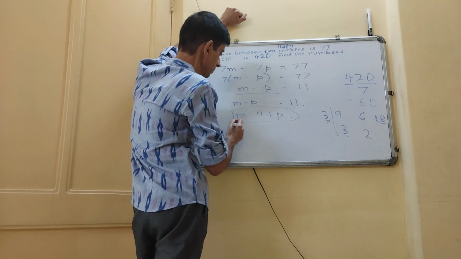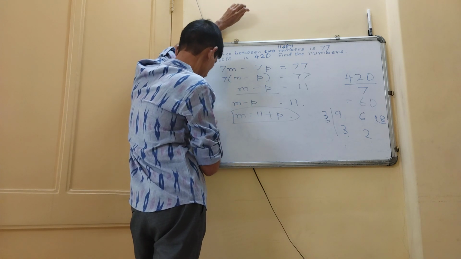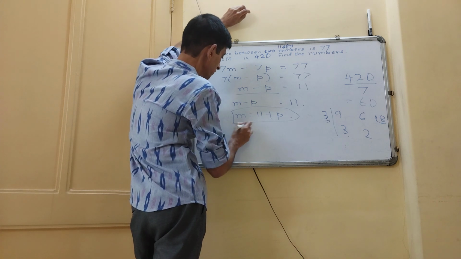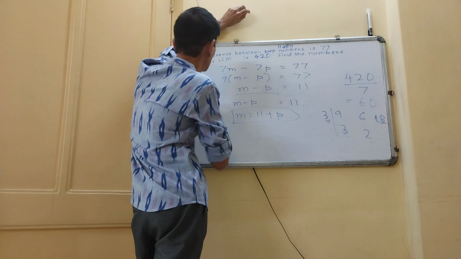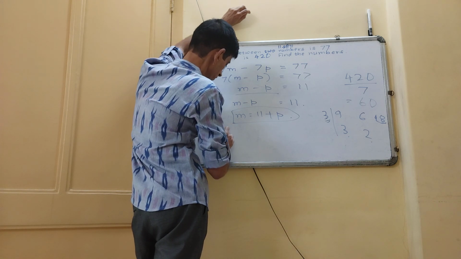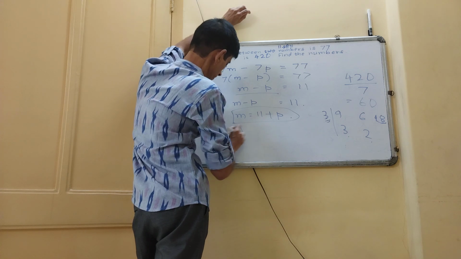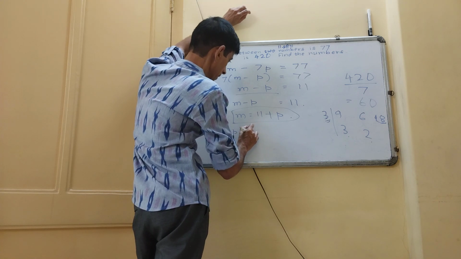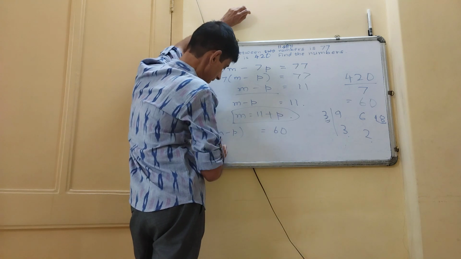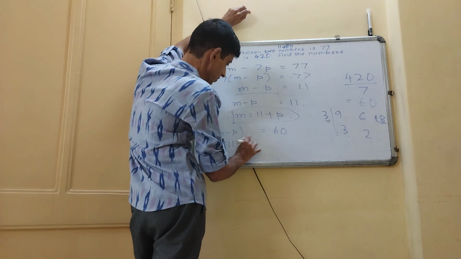So what is the relation between m and p? The product of these numbers will be 60. So I can say p into 11 plus p is equal to 60.